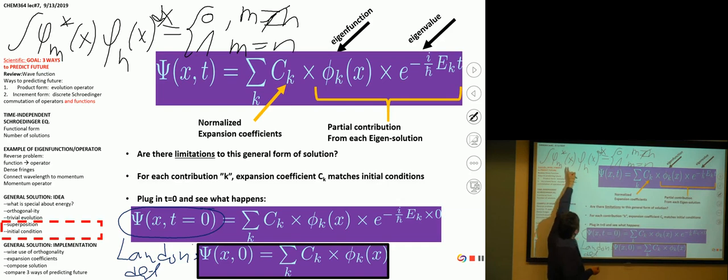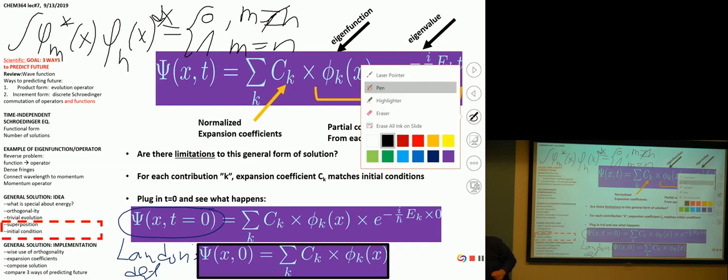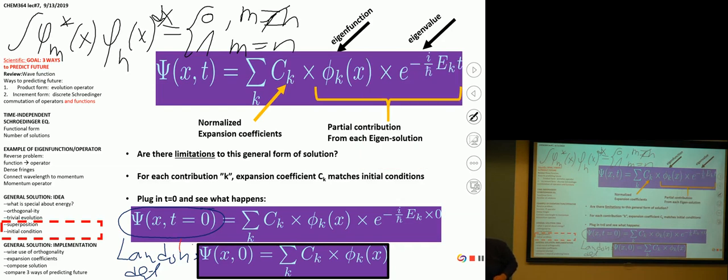The indices should be different, and one of the functions should have a star, which means complex conjugation. So why don't we multiply left and right by function phi m with star and see what happens.